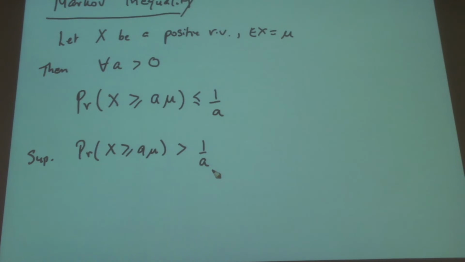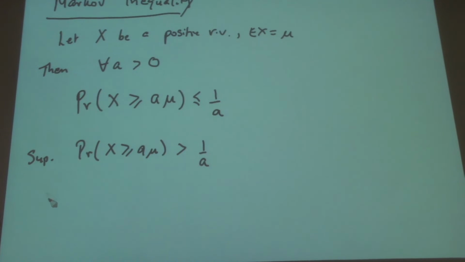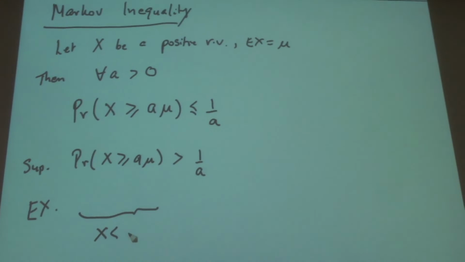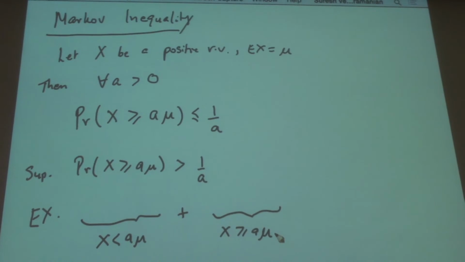Then if you look at the total average value, if you look at the expected value of x, it's going to have one term for all values of x less than a times mu, and one term for all the things that are above a times mu. And remember, x is positive.